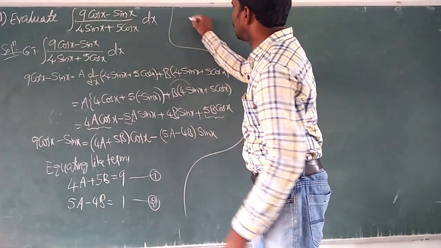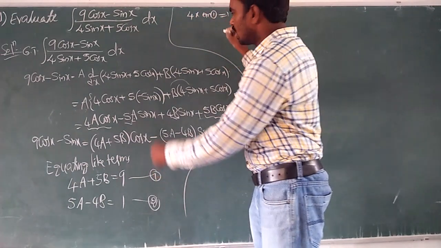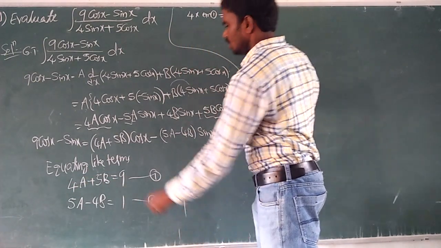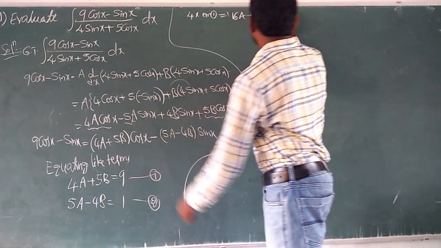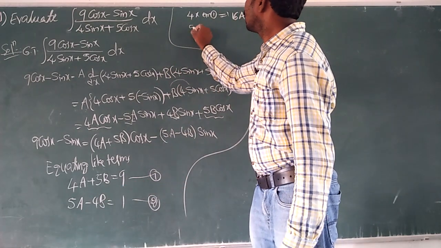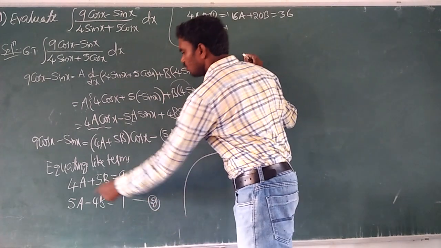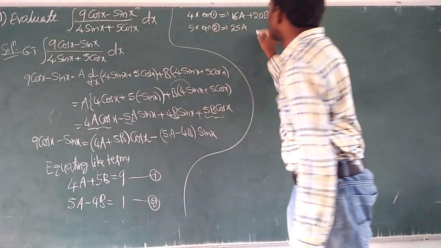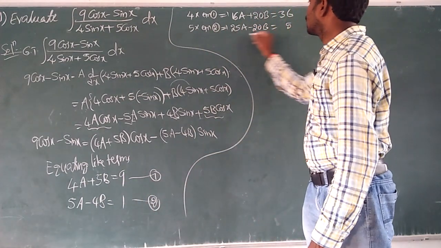So I multiply the first with 4: 4 into equation 1 gives 16a plus 20b equals 36. The second is multiplied with 5: 5 into equation 2 gives 25a minus 20b equals 5.